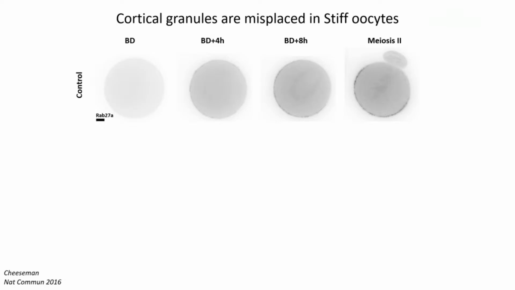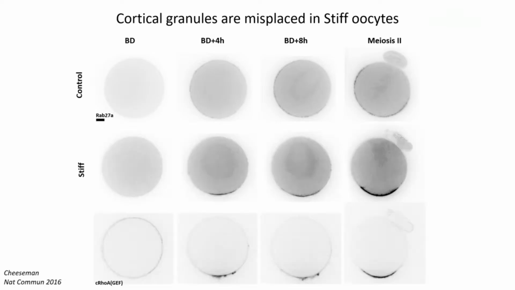They will actually be excluded from the zone where the spindle is, and they will accumulate here. So in stiff oocytes, they will polarize precociously in mid-meiosis 1, and this polarization will stay until meiosis 2, where they will be strongly accumulated in a very small zone of the oocyte.